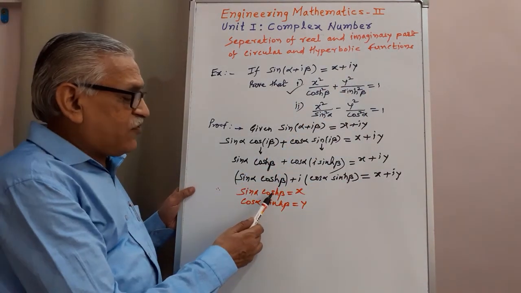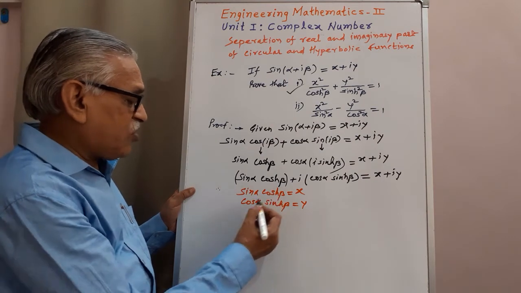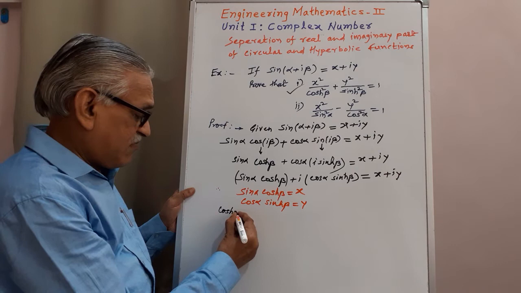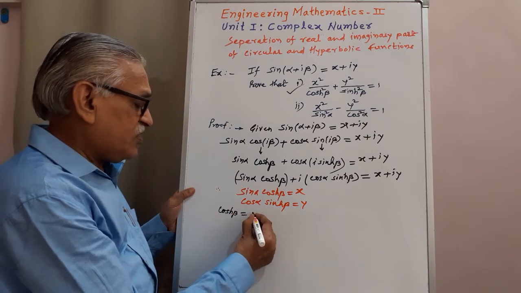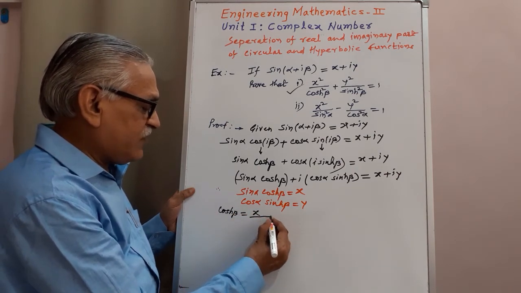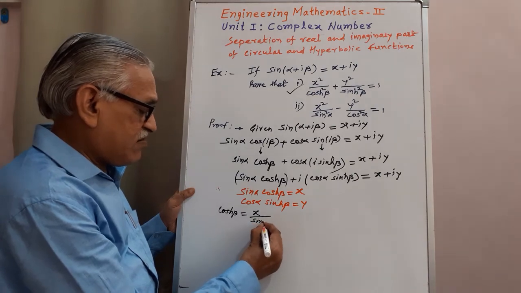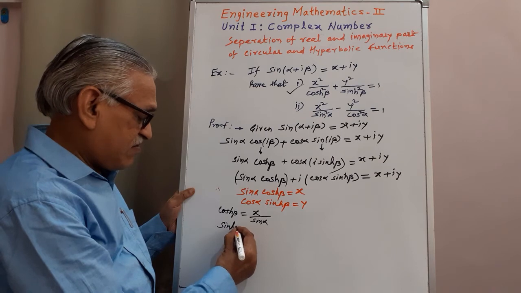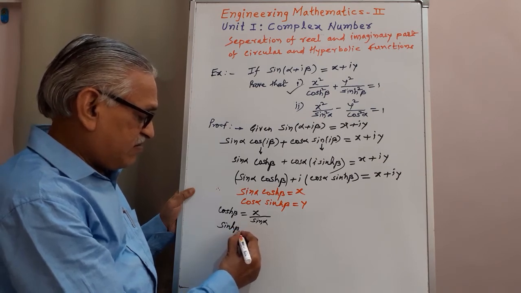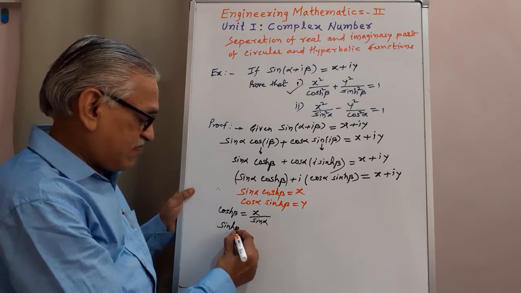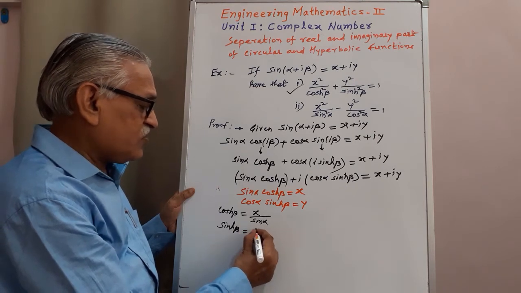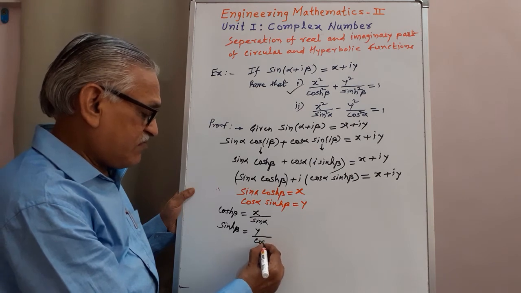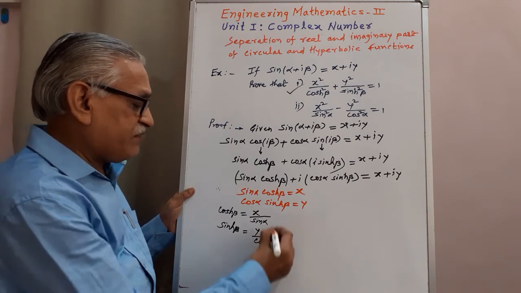Okay. Then solving it for hyperbolic function, we get cosh beta is equal to x upon sin alpha, and sinh beta is equal to y divided by cos alpha.